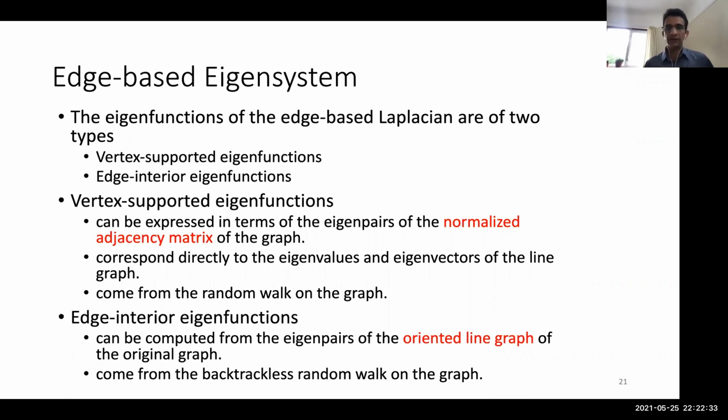We have then developed explicit methods for computing both the vertex supported eigenfunctions and the edge interior eigenfunctions of the edge-based Laplacian. The vertex supported eigenfunctions come from the normalized adjacency matrix of the graph, and the edge interior eigenfunctions come from the oriented line graph of the graph.